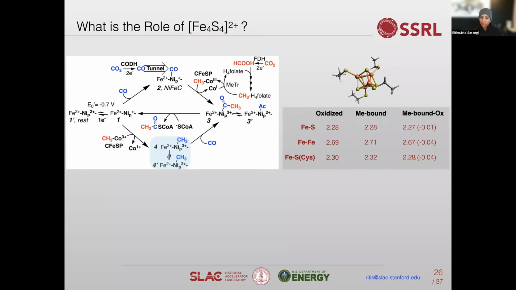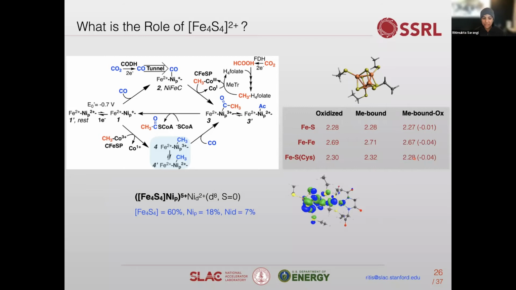And I'm going to skip over a lot of things and essentially just say that when you look at the ground state wave function of that oxidized species, it turns out that most of the oxidation is occurring in the iron 4 sulfur 4 site. So 60% of the hole is on the iron 4 sulfur 4, some of it is on the nickels.